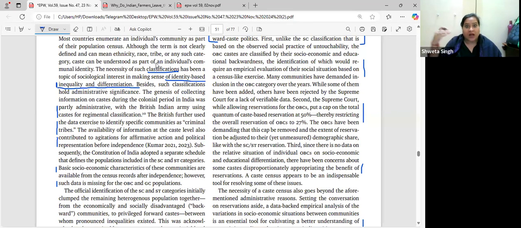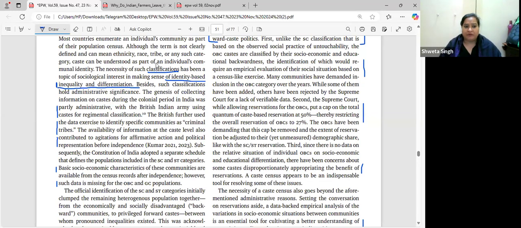Identity-based means caste-based, gender-based, religious. With respect to your individual identity, which caste is getting what, which religious subgroup is getting what. So with data collection, you get classification on the basis of identity. And that helps us to understand inequality and differentiation in greater detail.